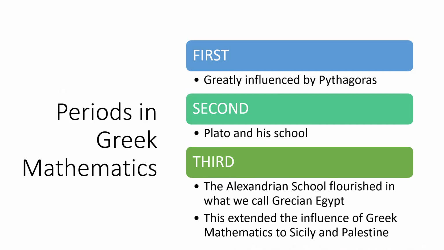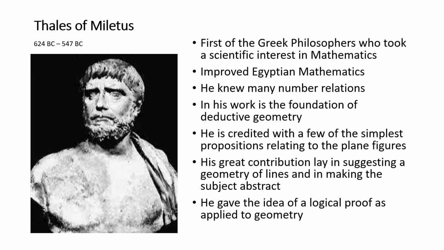So we'll start with the first one. We're going to start with Thales before we get to Pythagoras, because I feel like maybe I'll break these into first period, second period, and third period. While Pythagoras had a big say, Thales of Miletus was the first of the Greek philosophers who took a scientific interest in mathematics, or the first we know of.